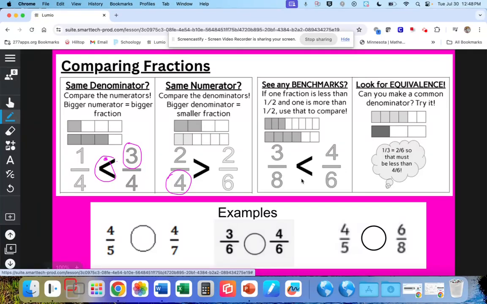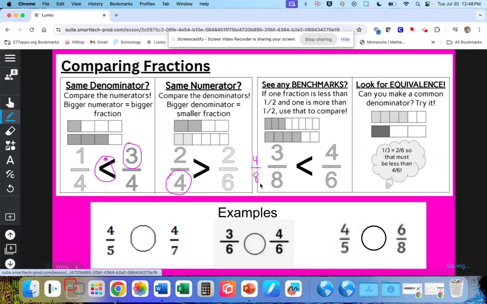If we do not have any type of commonality in our numerators and our denominators, we could use some that are looking at just benchmarks, like maybe a half. If I have 3 out of 8, half of 8 would be 4 out of 8.